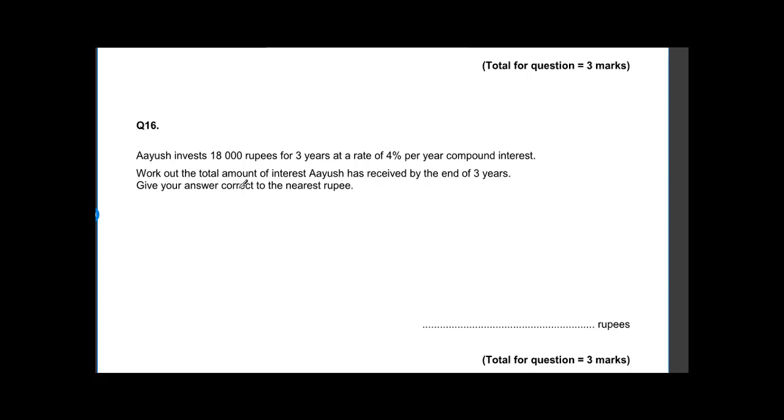Ayush invests 18,000 rupees for 3 years at 4%. Alright, same thing. P equals 18,000. A equals P times 1 plus percent over 100, to the power N. So that means A equals 18,000 times this. It's basically going to be 1.04 cubed.